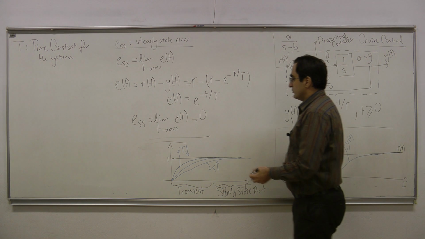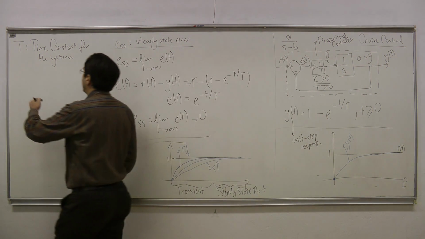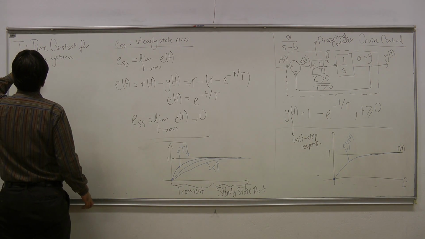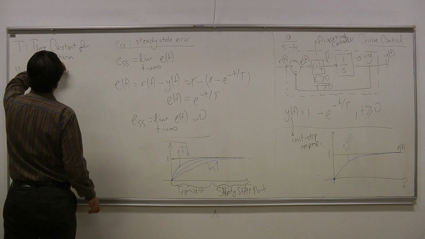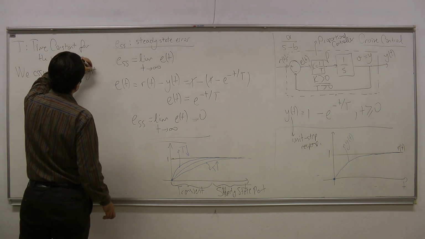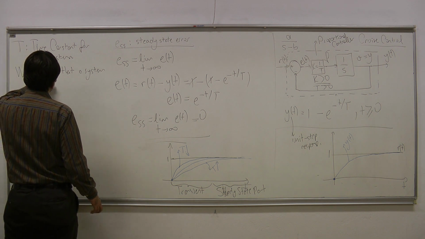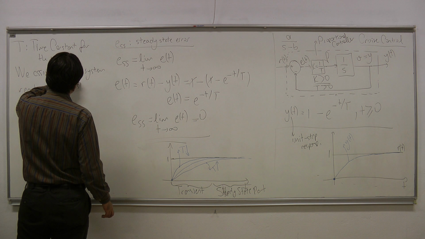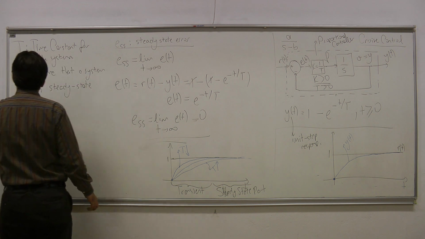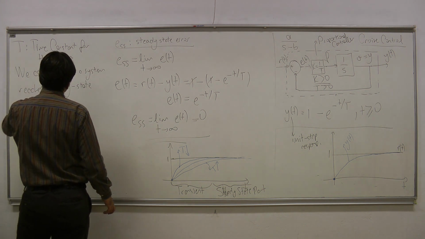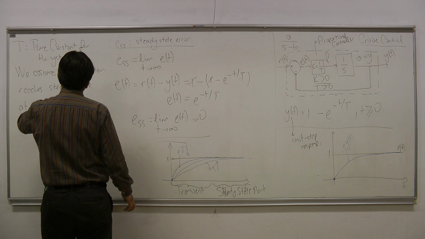In general, we assume that a system reaches steady state at 3 to 4 time constants.